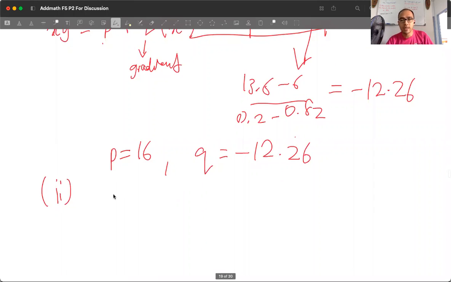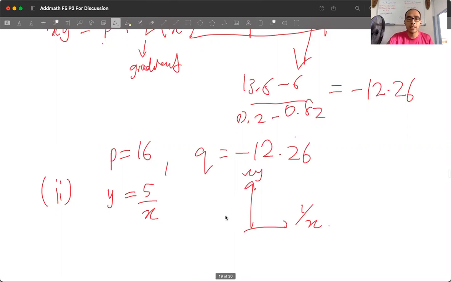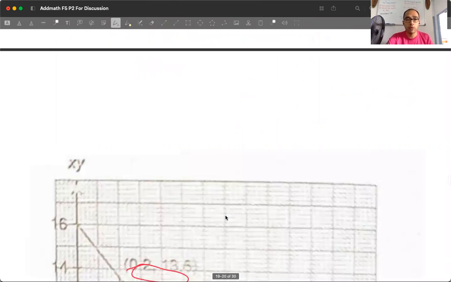Okay, so kembali kepada soalan 2. So dia bagi y sama dengan 5 per x. But our graph is xy against 1 over x. Dan kita disuruh untuk mencari nilai x. So, kita tahu bahawa this kind of question, kita kena buat this one lah.